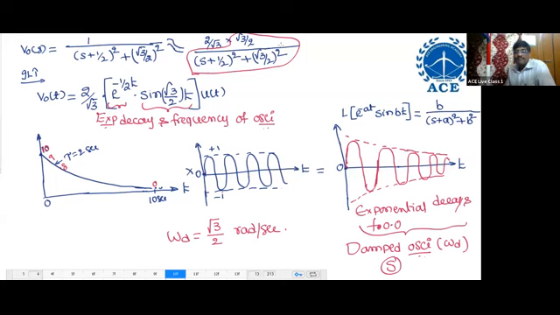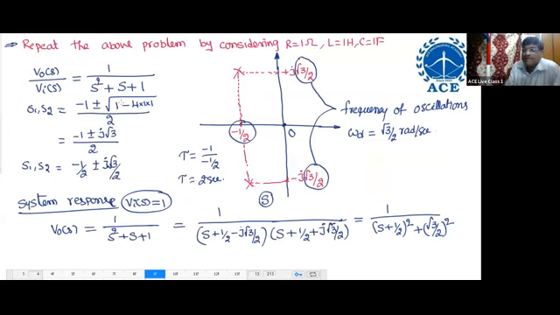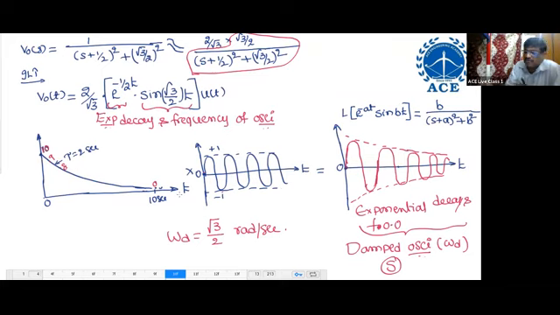But if you give an RLC circuit or a pole location and ask to draw the response, we cannot do it like this, finding the inverse Laplace transform and drawing, wasting the time.